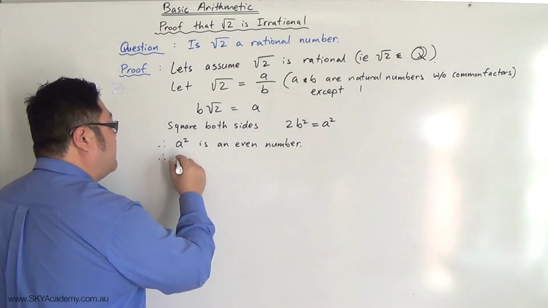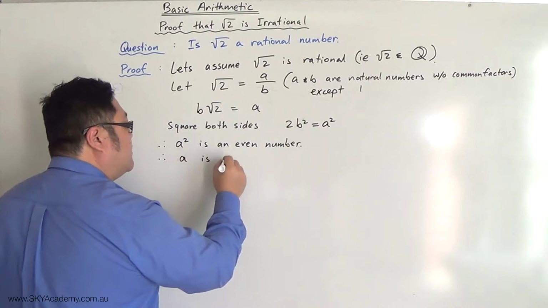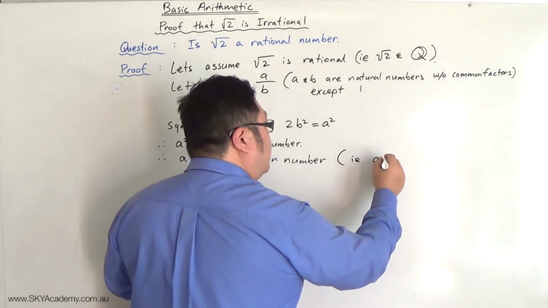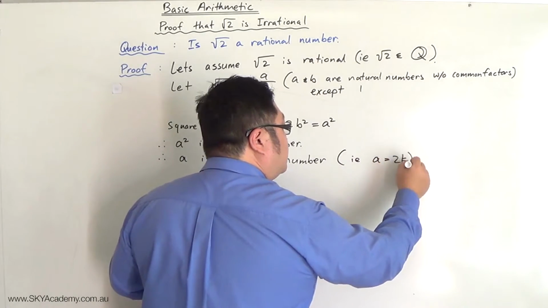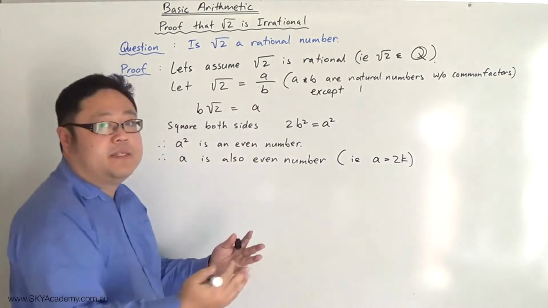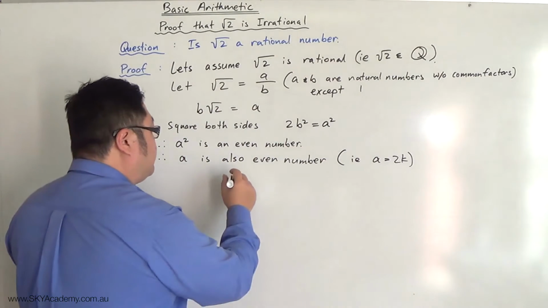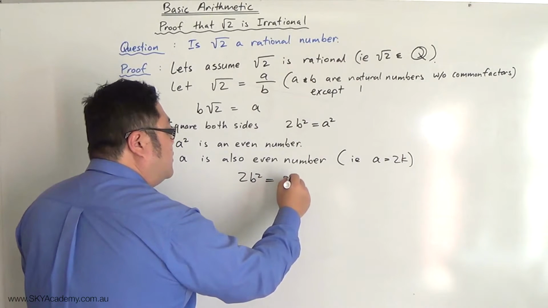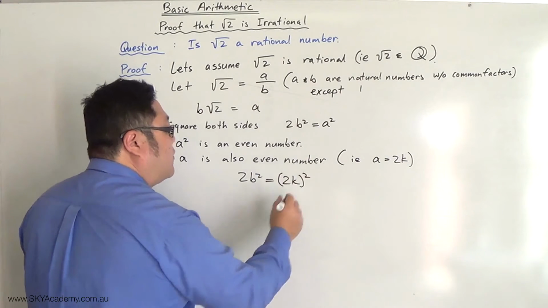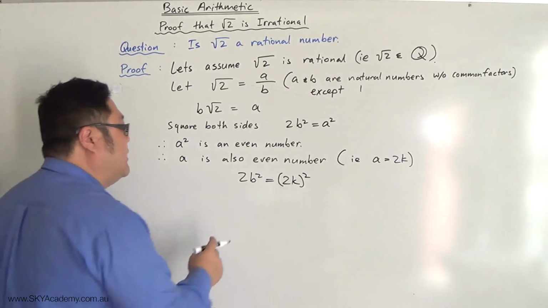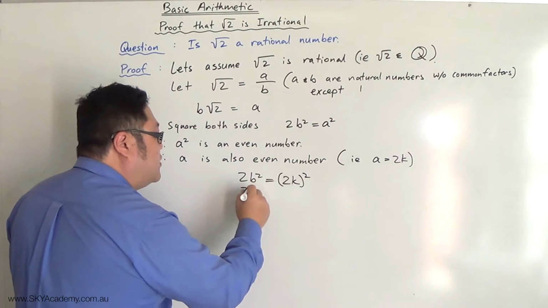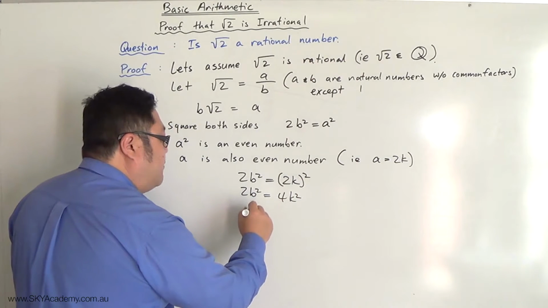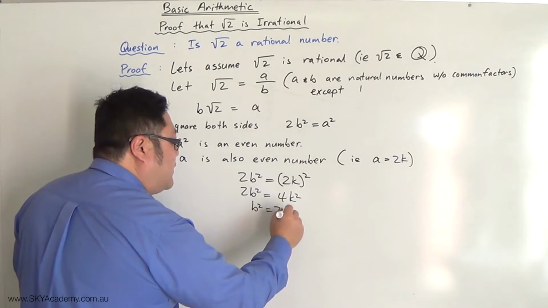Which means that a is an even number, i.e. a is equal to, say, 2k, 2 times another number k, which would mean 2b squared is equal to (2k) squared. Does that make sense? Now, if that's the case, 2b squared is equal to 4k squared, so b squared is equal to 2k squared.